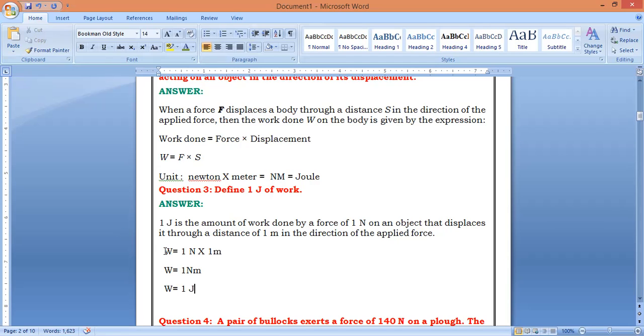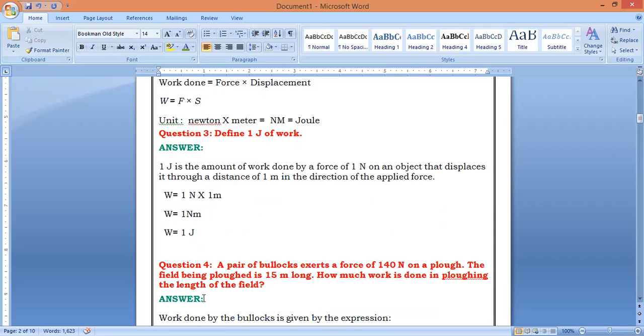Work done is equal to 1 Newton of force into 1 meter displacement. When we multiply, we get 1 Newton meter, that is nothing but 1 joule. So 1 joule can be defined as if 1 Newton of force is applied on an object such that the object displaces 1 meter.